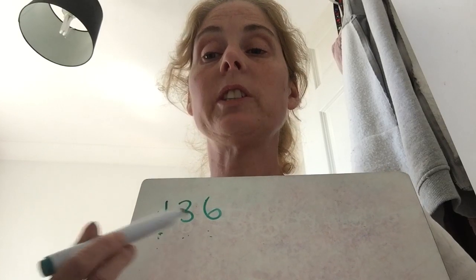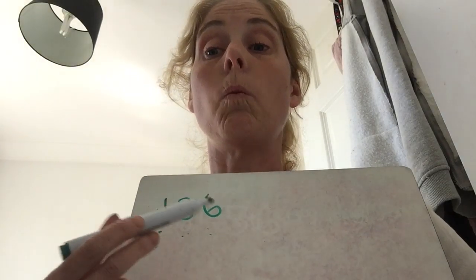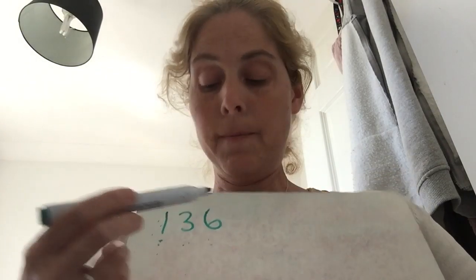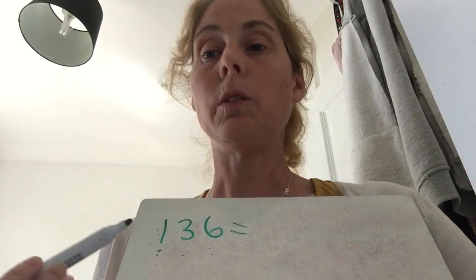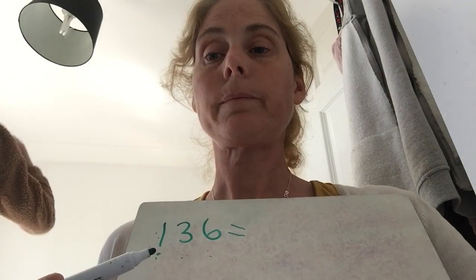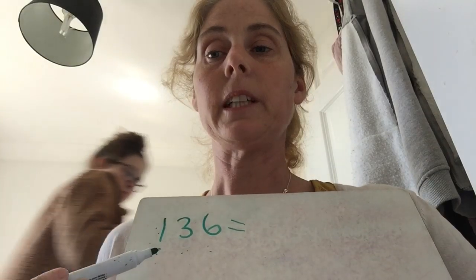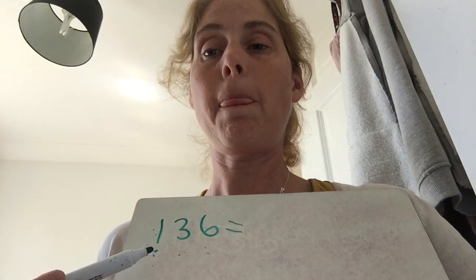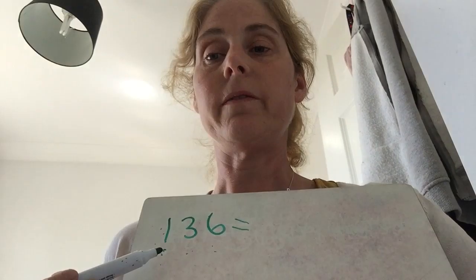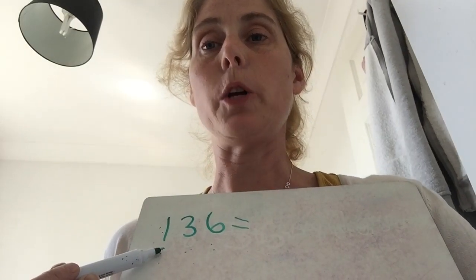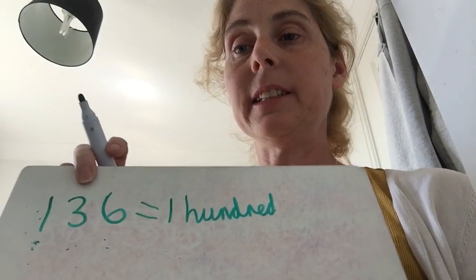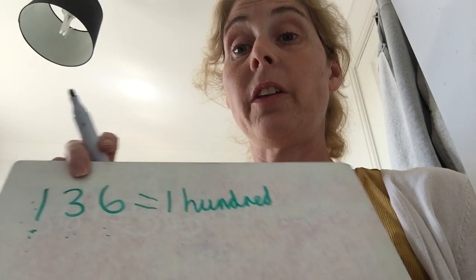Okay, so if you were to tell me what was within this number, how many hundreds would you tell me that there is? Tell the adult next to you. Fantastic. I'm hoping you say that we had 100. How many tens? 3 tens.